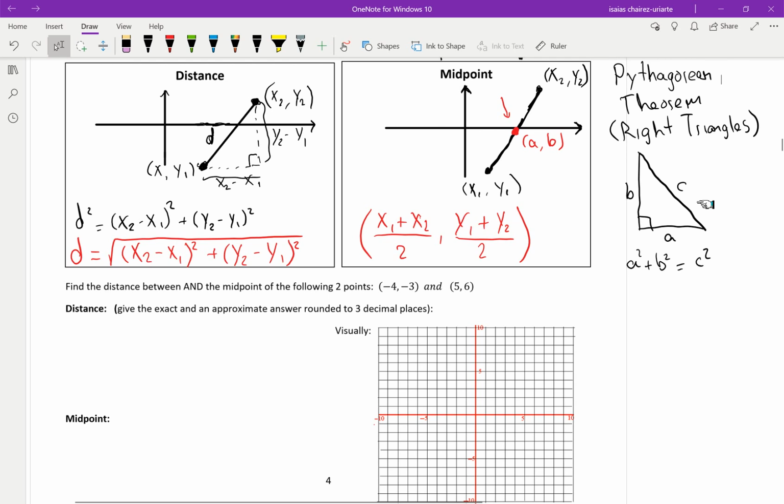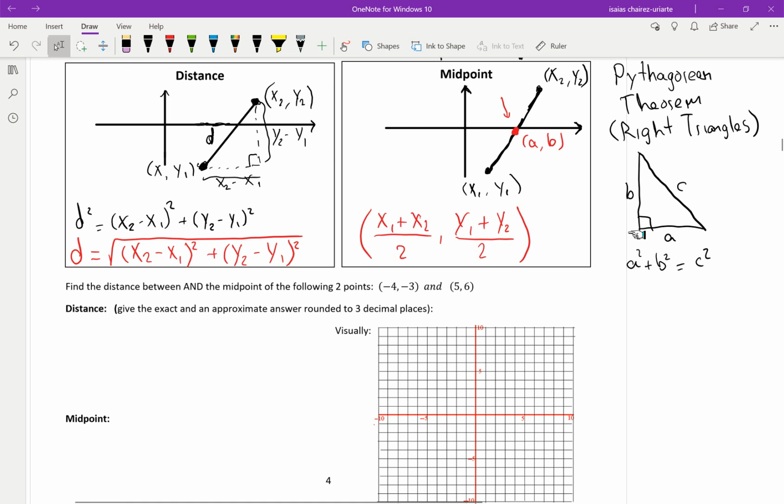What the Pythagorean theorem says is that the length of the horizontal squared plus the length of the vertical squared equals the length of the diagonal squared. This little result has a lot of applications for us. It makes it easier to graph things once you recognize that they are just inside a right triangle.